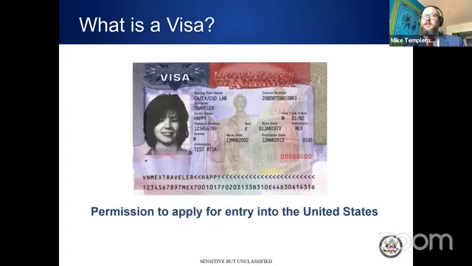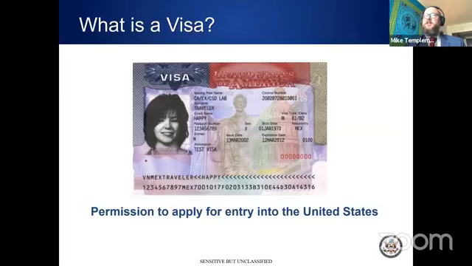All right, so first of all, this is just real basic. In order to go to the United States as a student, as a Pakistani passport holder, a Pakistani national, you would need a student visa to do that, okay? This is not a B1, B2 visa, which is more typically what's used for tourism.